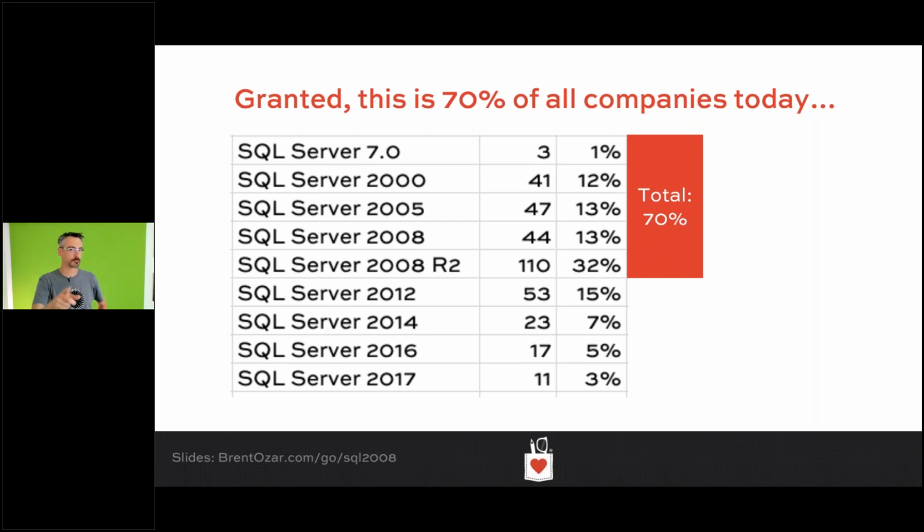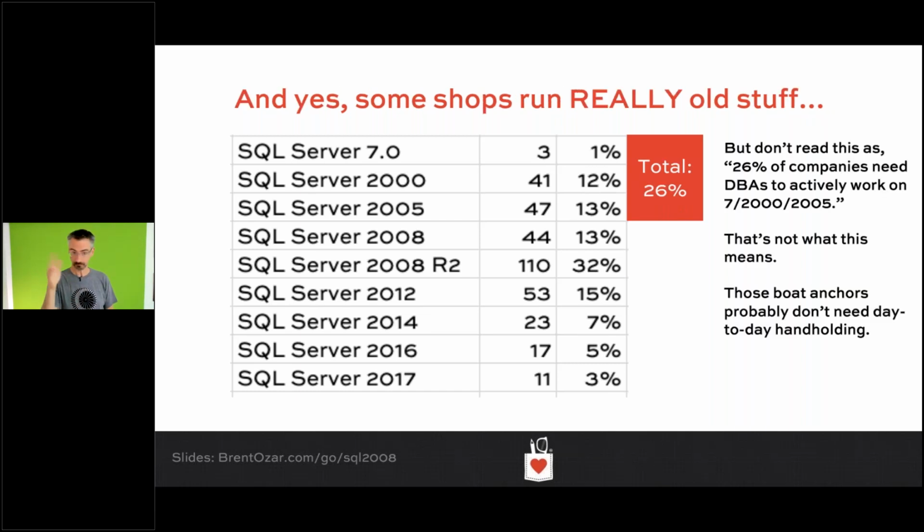It's not 100%, but what you're effectively saying is that I would rather work for that 70% of the companies, maybe even that bottom 26% of the companies. But as you get to some of those older versions, don't think for 1 minute that those are active jobs that you can go out and get today.